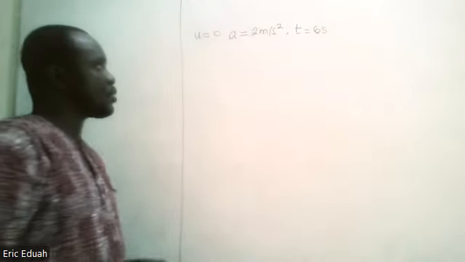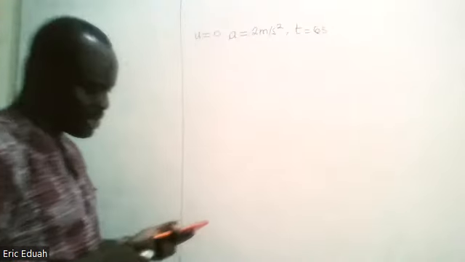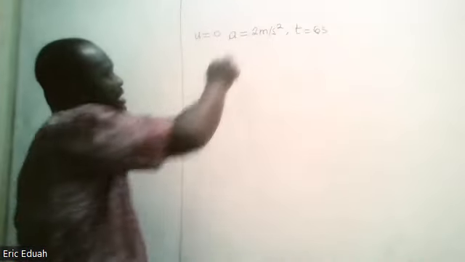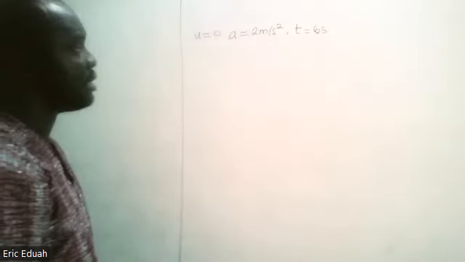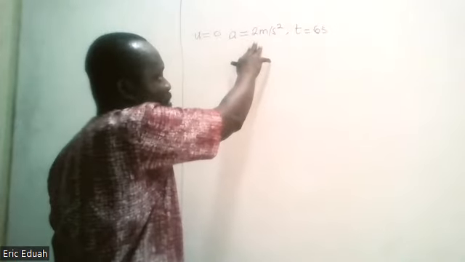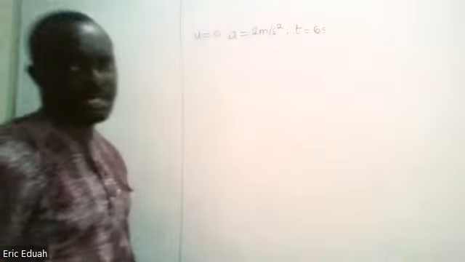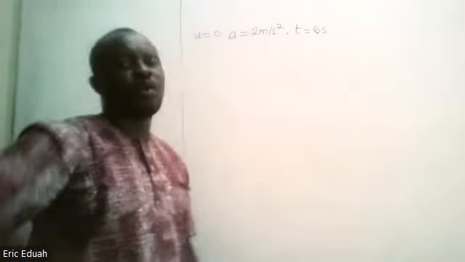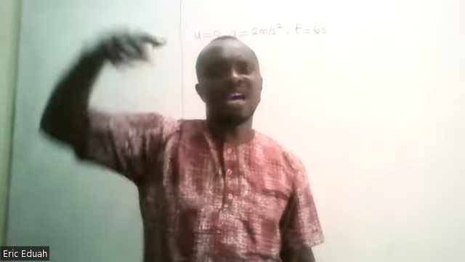seconds. So it starts with the initial velocity 0, then the body accelerates uniformly, and this rate of acceleration is 2 meters per second squared within a time of 6 seconds. The question here is, when the body accelerates, what will be the final velocity?